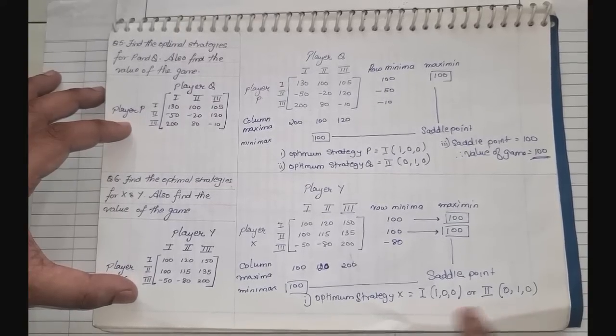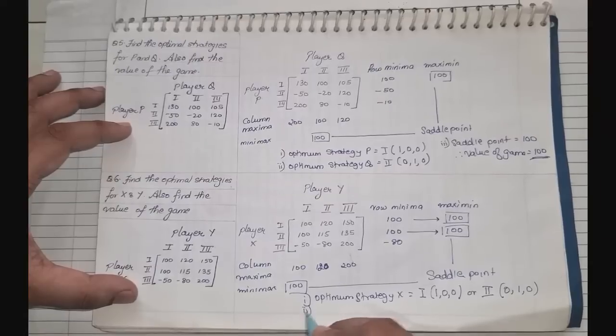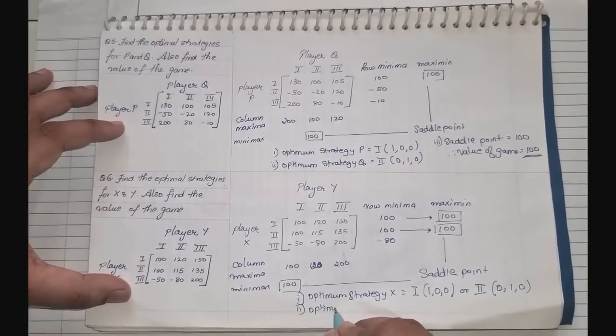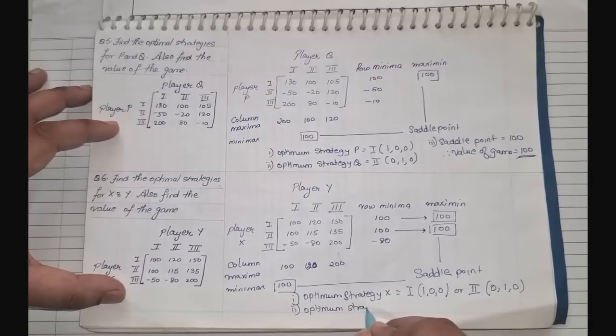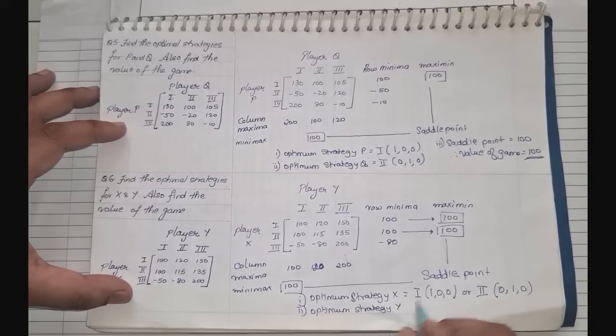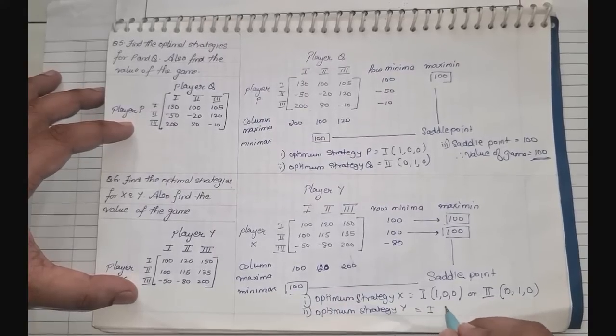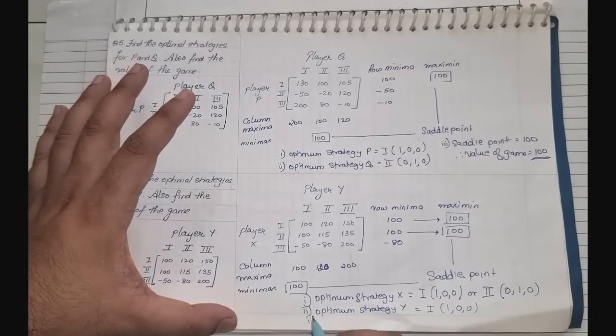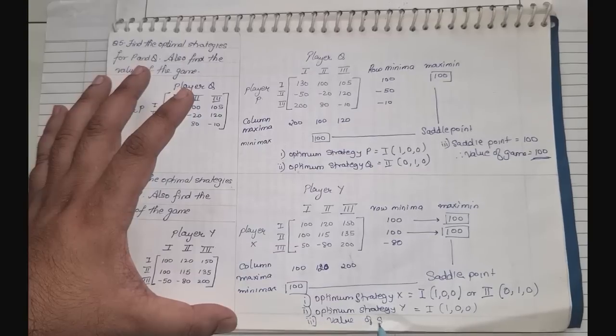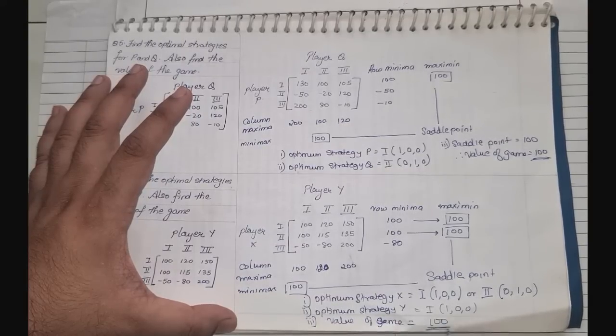That is how you just have to frame it. Second is normal. The optimum strategy of Y, the first one is selected here itself, so it will be 1, 0, 0. And thirdly, we can just directly write the saddle point is 100, so value of game is equal to 100.